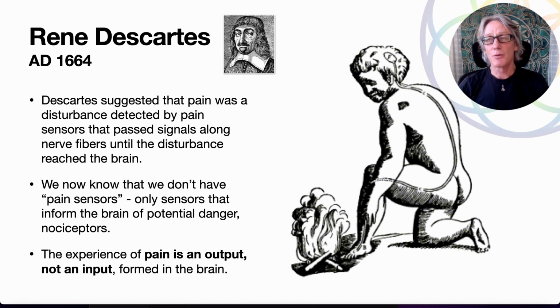And there are also examples of phantom limb pain, where people have pain and they don't even have a limb. Or people can have no obvious gross tissue damage and have a tremendous amount of pain, like people that are diagnosed with fibromyalgia and things like that. So basically, the experience of pain is an output of the central nervous system, not an input.